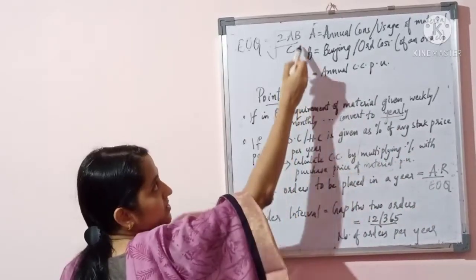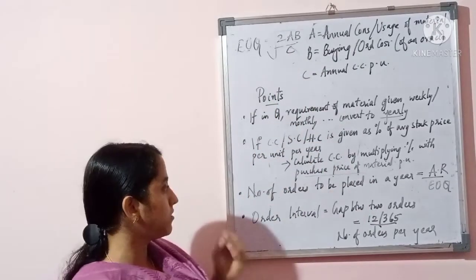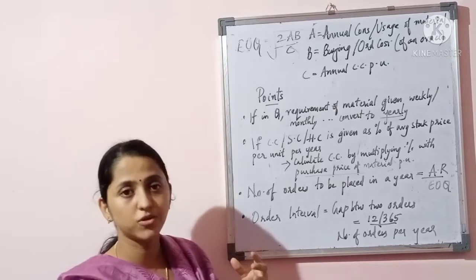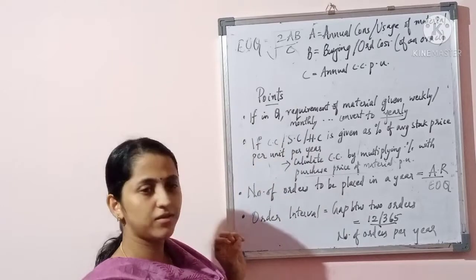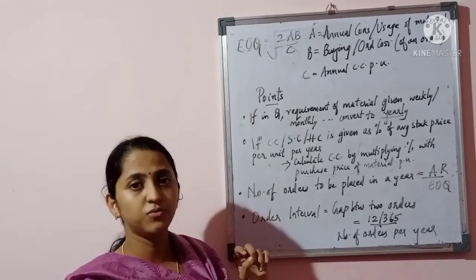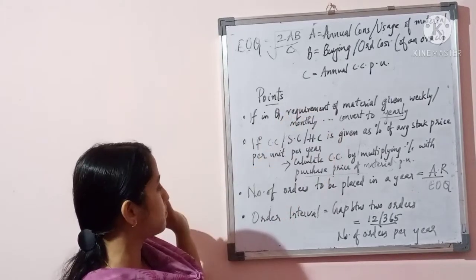Then only we will get this C. We'll do these 2 points in the problem and get more clarity. These are the 2 points where a few mistakes are usually committed, so take care of them.